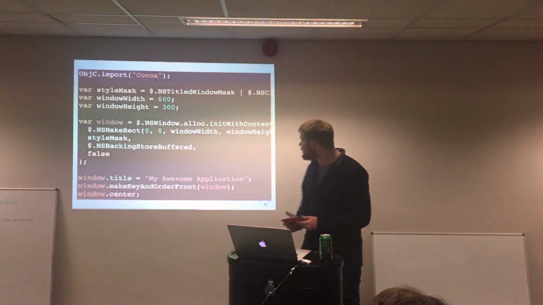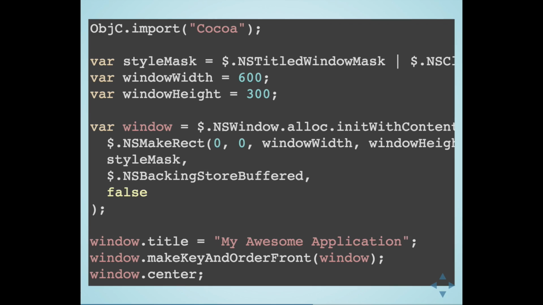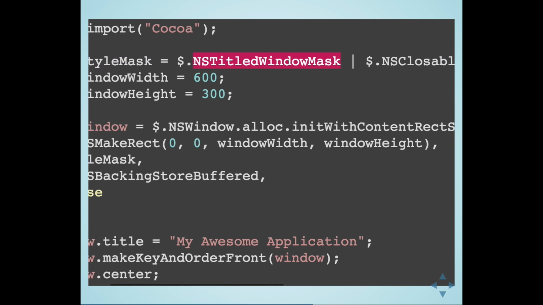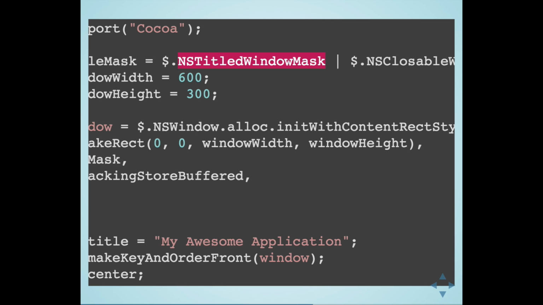Now, this is kind of the Hello World example application. So first, we're going to start off with importing Cocoa into our application. We'll then set a couple of variables about how this is going to look. So the style mask is going to take a titled window, so a window.